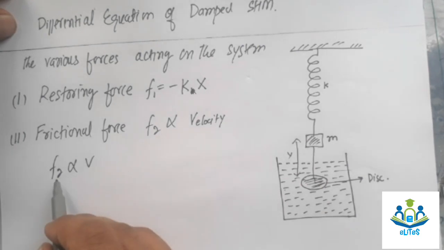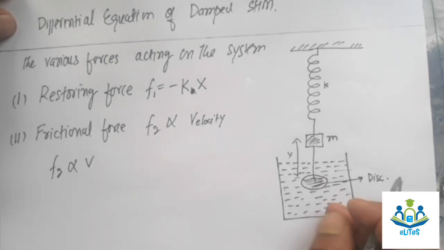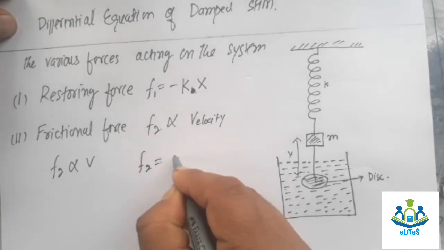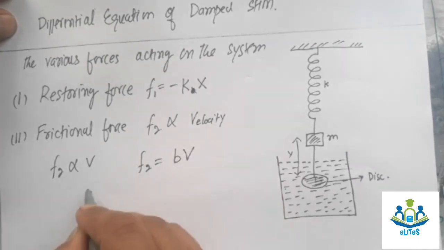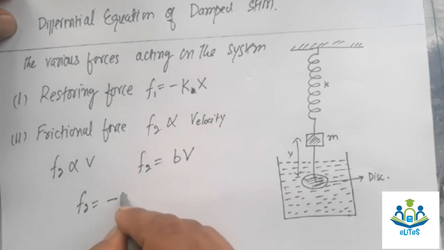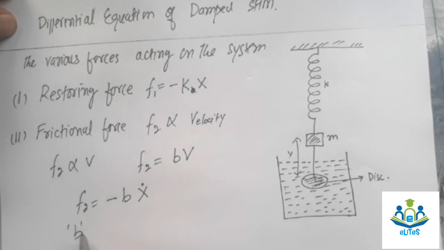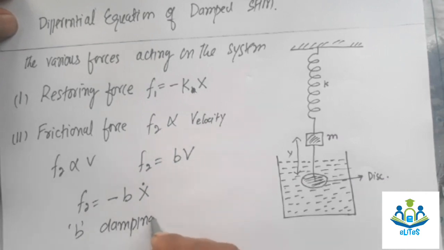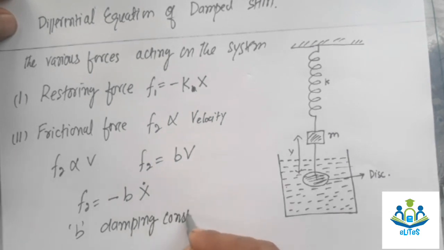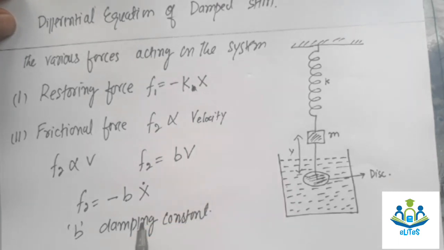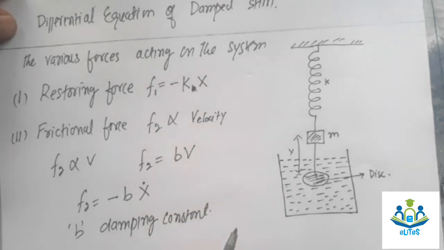So this frictional force or viscous drag is proportional to velocity, and can be written as minus b x dot, where b is a constant known as the damping constant. It depends upon the nature of the liquid, and x dot is the velocity.